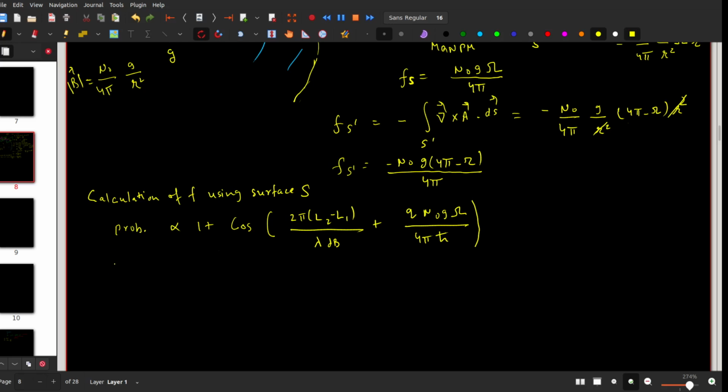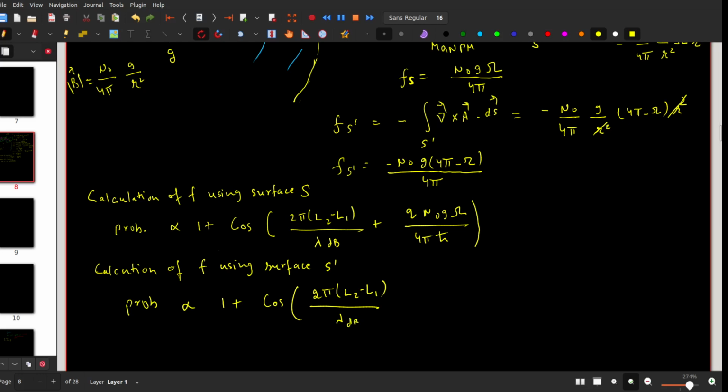But if we do the calculation of F using surface S prime, then we find that the probability is proportional to 1 plus cos of, this term remains the same, 2 pi L2 minus L1 by lambda dB, plus here we have Q times Fs prime.